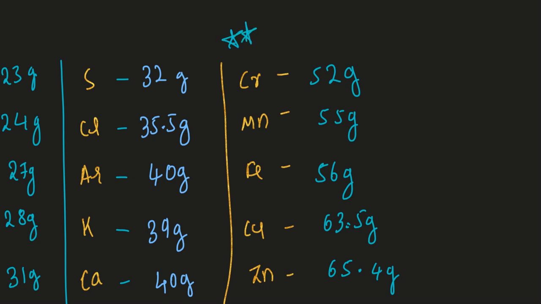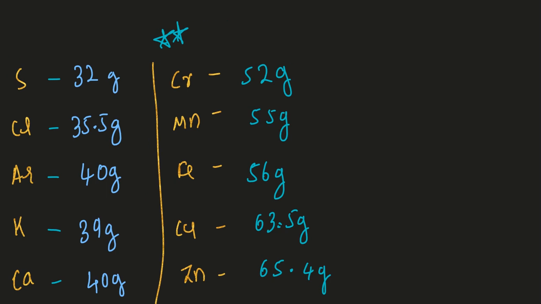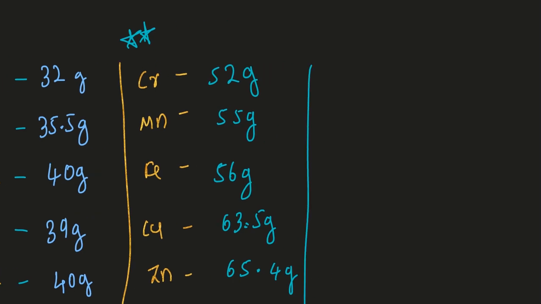Because these are like our alphabets. When can you read the paragraphs? Only if you know the alphabets. In the same way, you can understand chemistry only if you know the alphabets of chemistry, and the first alphabet of chemistry is the molar masses. Moving to the next one.